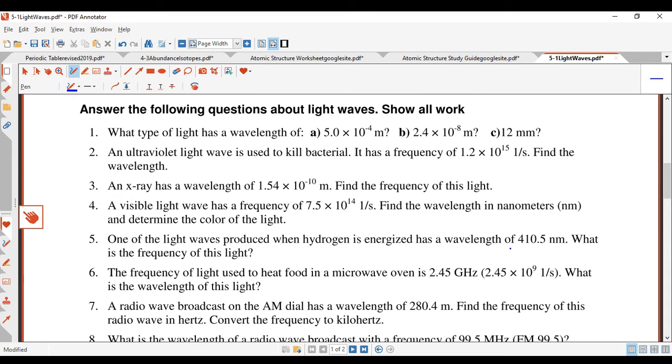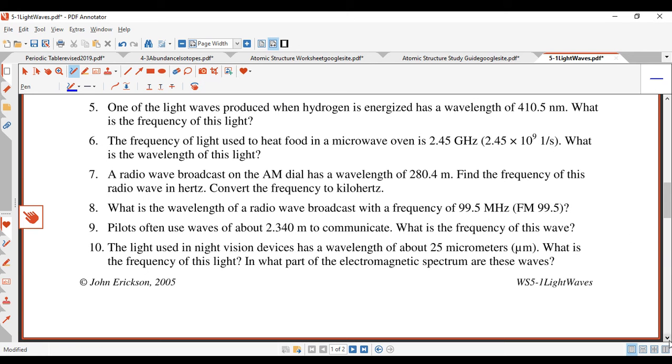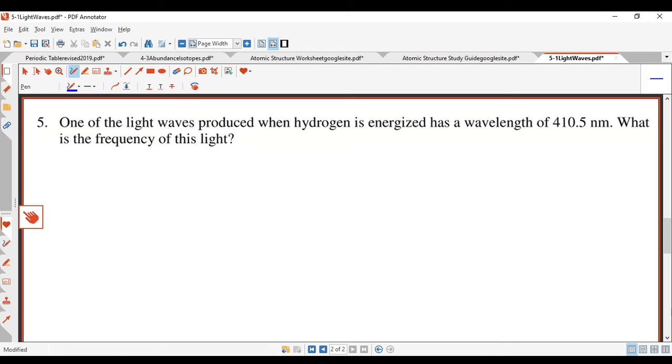Number 5 gives you nanometers, and it's asking you to find the frequency. So I want to show you how to approach that. Copy that onto the next page, and that way we can have room here to work this problem. So again, you have wavelength. This is going to be your wavelength. And it's asking you for the frequency. What is the frequency of the light?